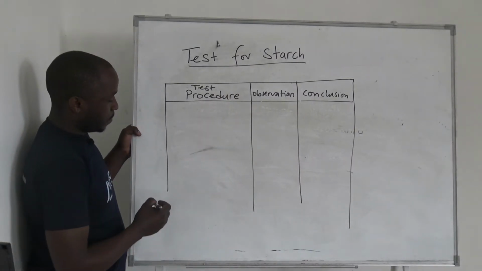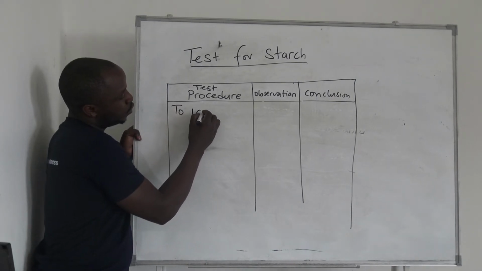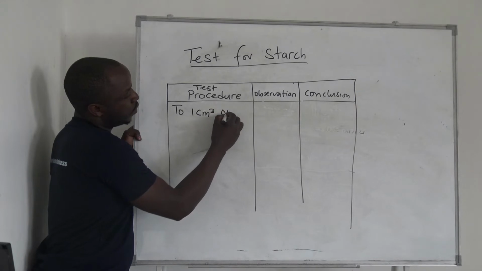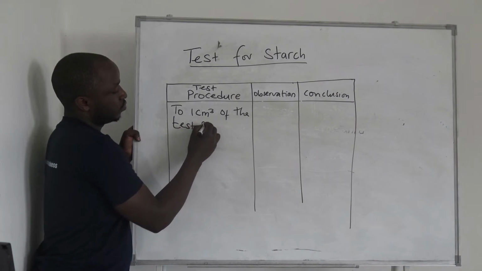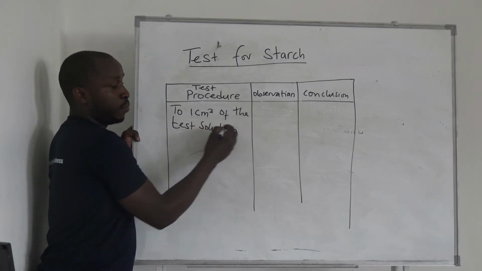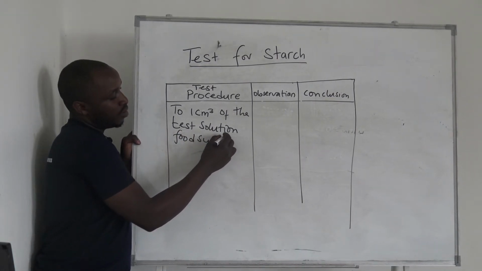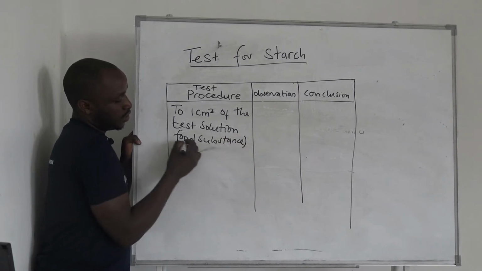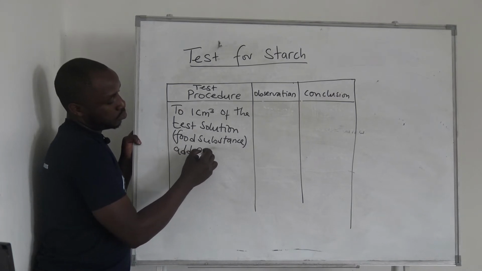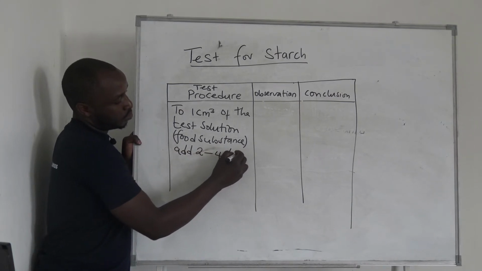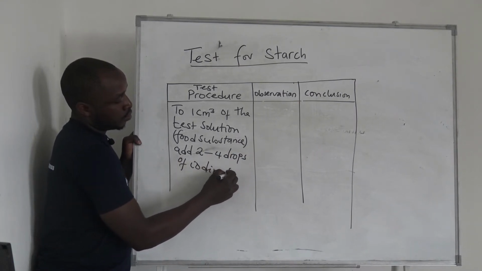The test procedure: to 1 cubic centimeter of the test solution, which can be the food substance you are investigating to see whether it contains starch, add 2 to 4 drops of iodine solution.